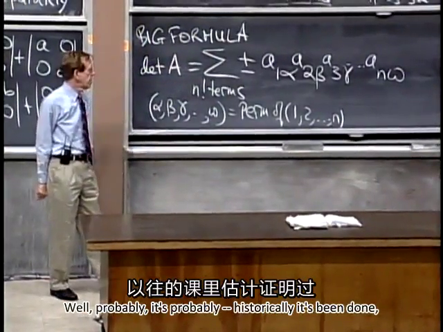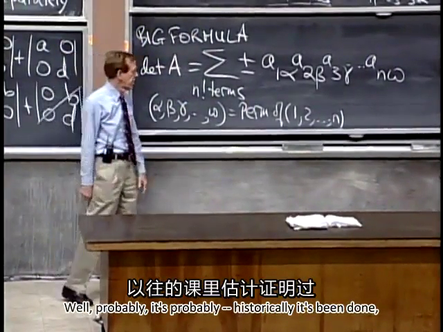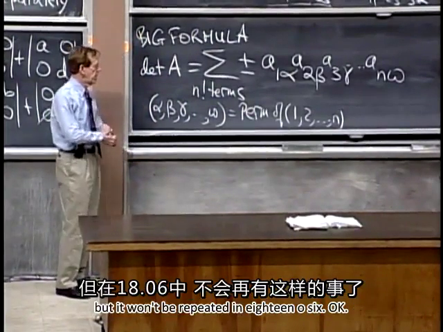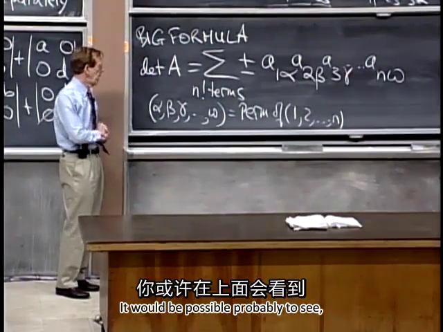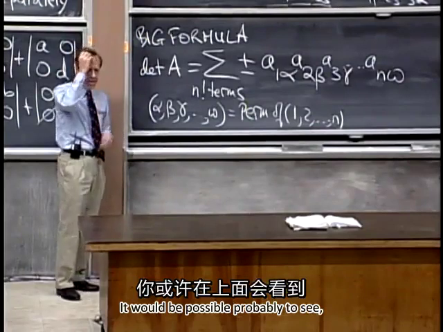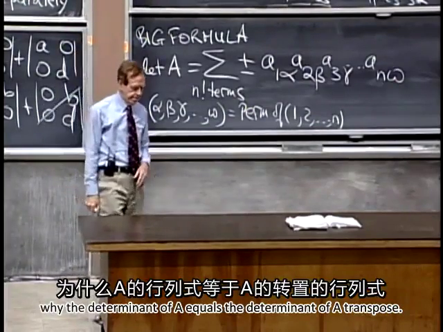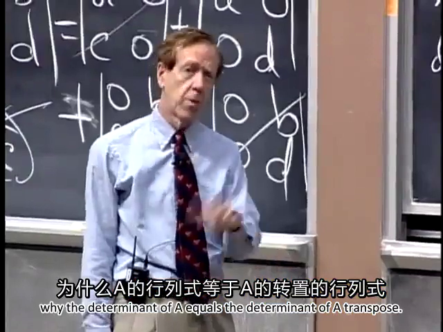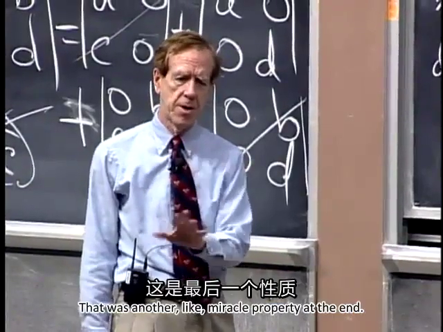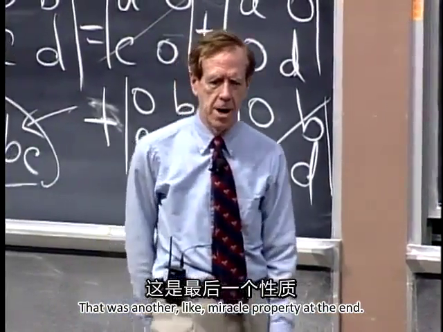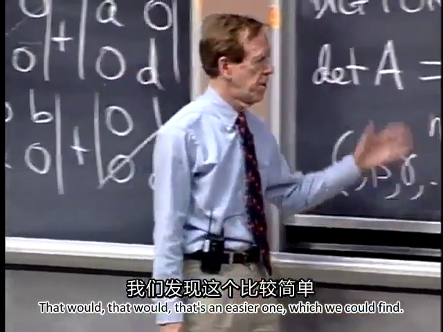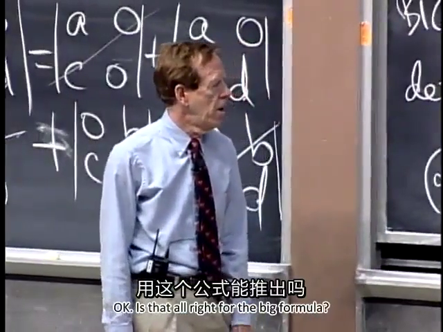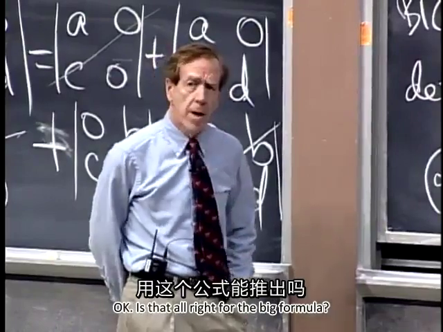Well, probably historically it's been done, but it won't be repeated in 1806. Okay. It would be possible probably to see why the determinant of A equals the determinant of A transpose. That was another miracle property at the end. That's an easier one which we could find. Okay. Is that all right for the big formula?